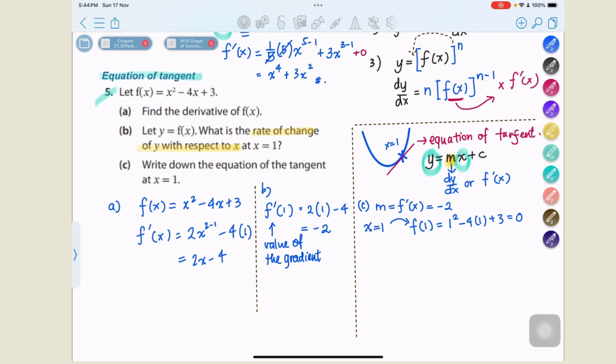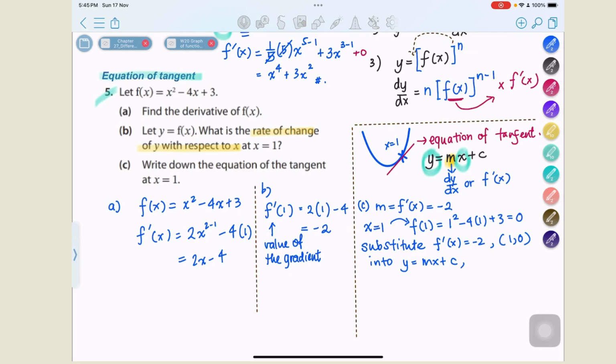Once I have all the information, I can form the equation of tangent. We substitute f prime x equals negative 2 and the point (1, 0) into y equals mx plus c.